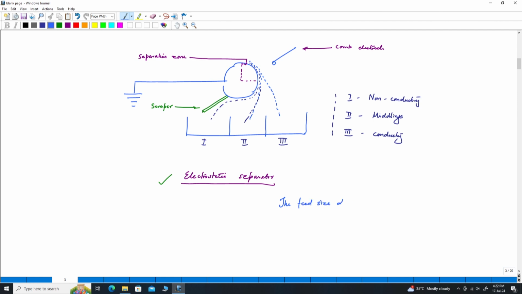The feed size of these processes is very small, which means ideally they would ask for a very fine raw feed, which is very difficult to achieve. After comminution, we can have a wide range of particles, and of course we can try and reuse the coarser particles for further comminution and bringing down the particle size.